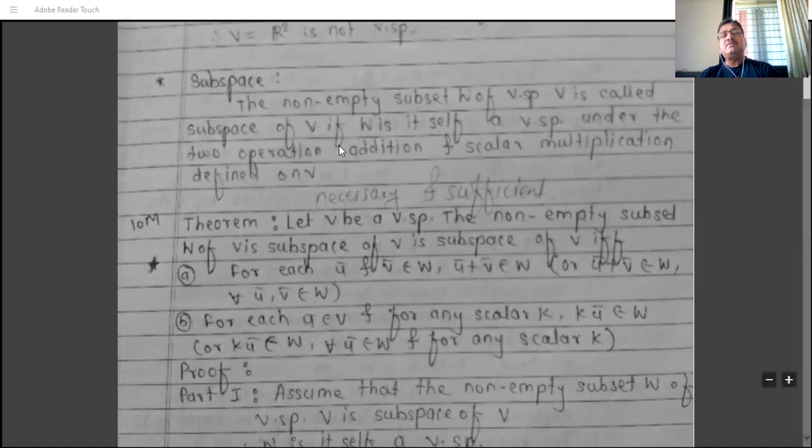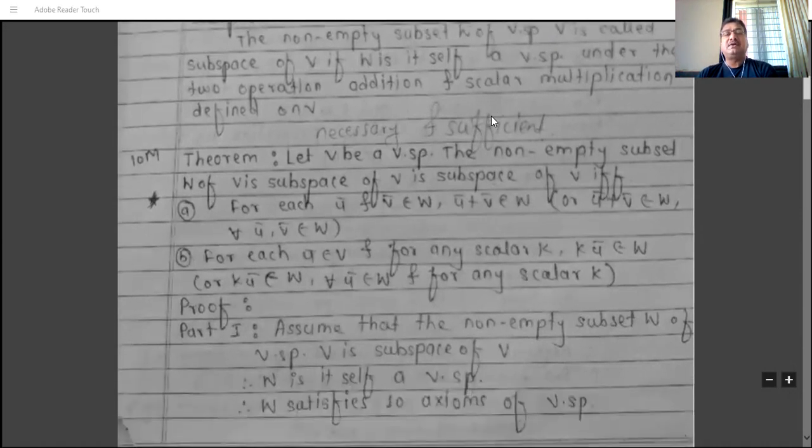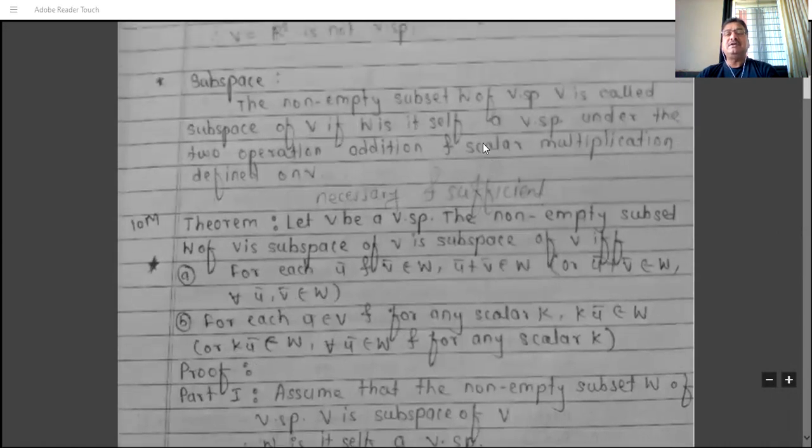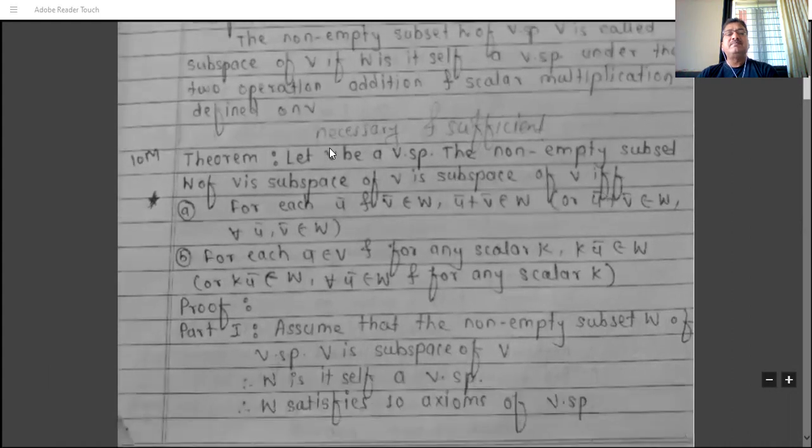And if W is a vector space and a subset of the vector space V, then W becomes a subspace of V. So W is a subspace of the vector space V if W is a non-empty subset and W satisfies the 10 conditions of a vector space, that is, W is itself a vector space. So this is the definition of subspace.